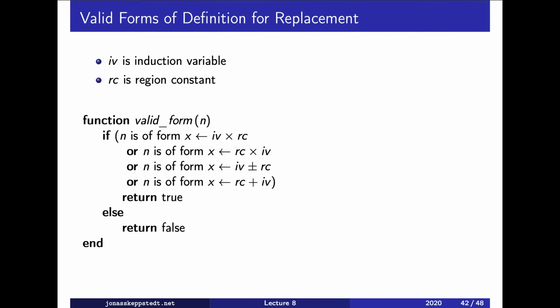So, which are the valid forms? Well, it's this. So, induction variable times region constant and some variants of that. Here, region constant means that it's not modified within the loop. So it does not have to be a real constant. It's sufficient that it's not modified if it's a variable.